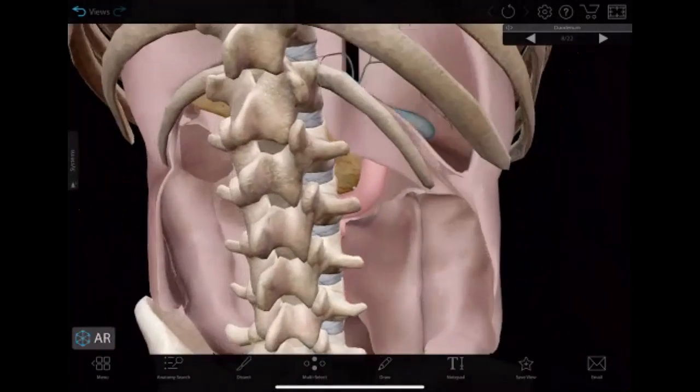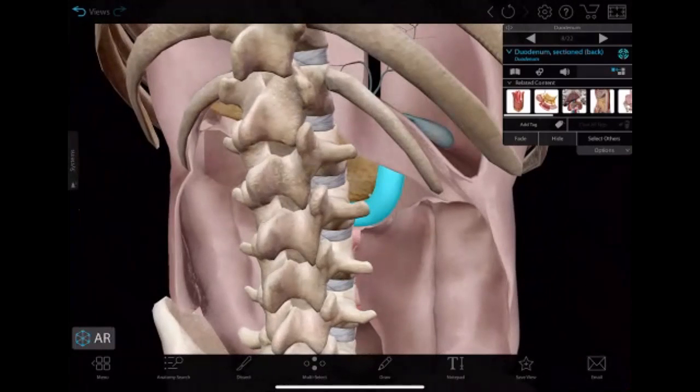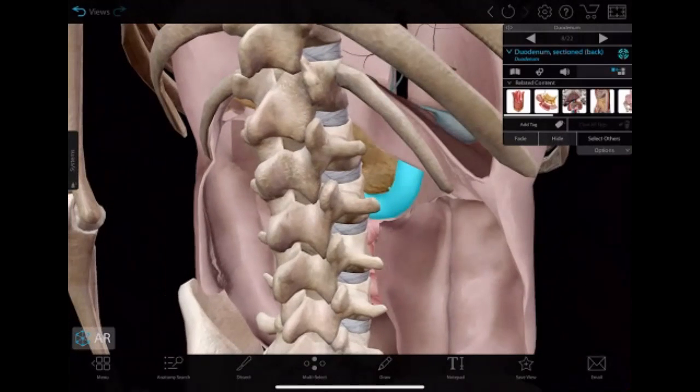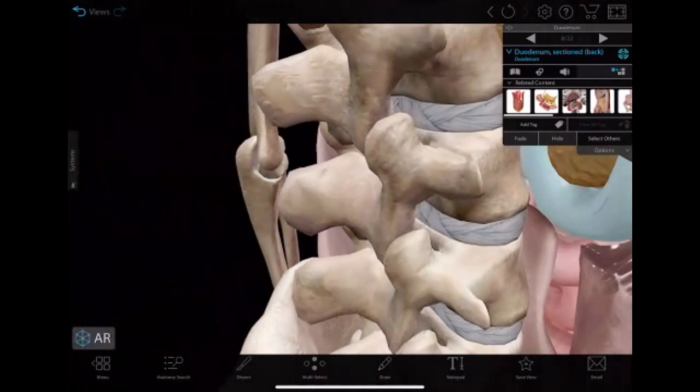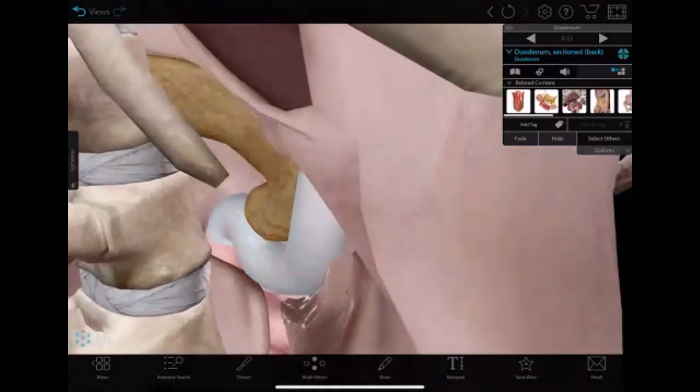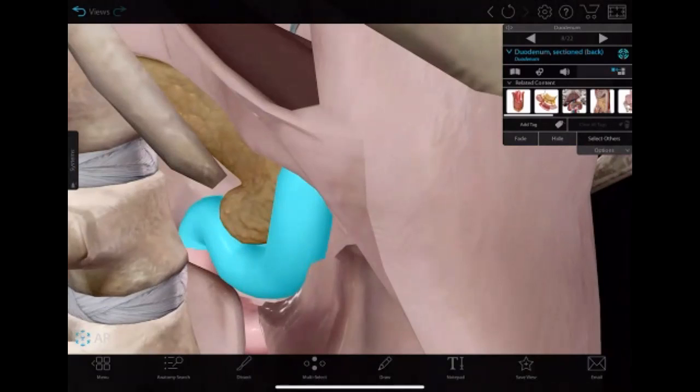So you see only some part of the duodenum is intraperitoneal, right? The remaining part is retroperitoneal. See, all of this is retroperitoneal, right?